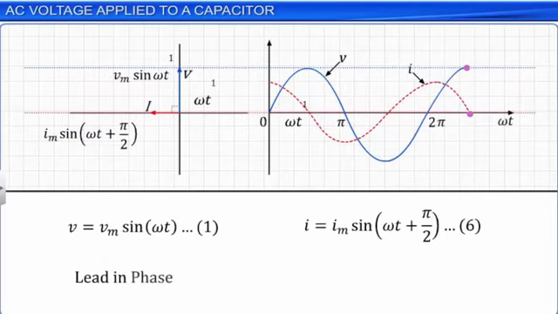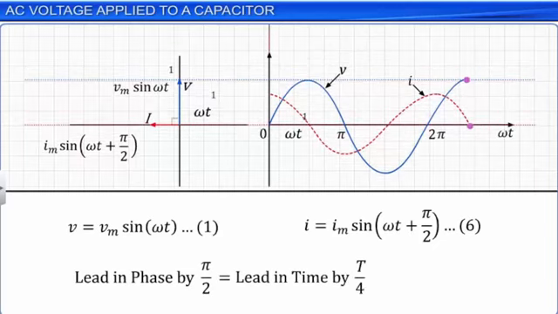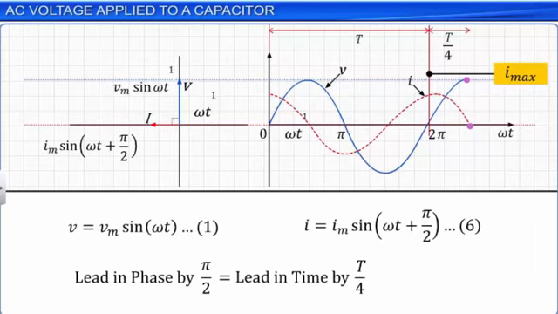This lead in phase by π/2 is equivalent to a lead in time by 1/4 of the time period T. Another thing to note is that the maximum value of the current in the circuit is achieved exactly 1/4 of the time period of every cycle before the maximum value of voltage is achieved.